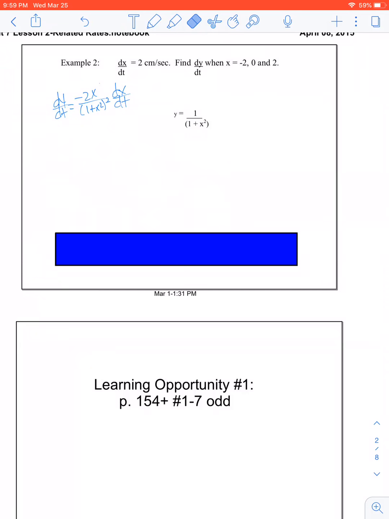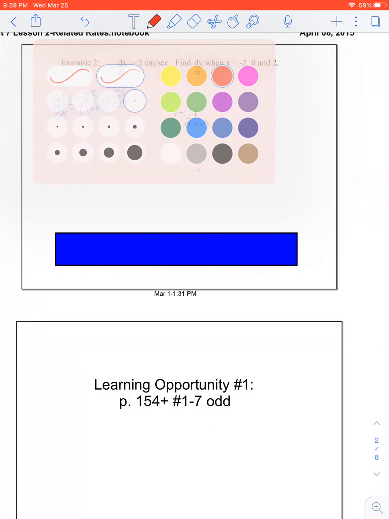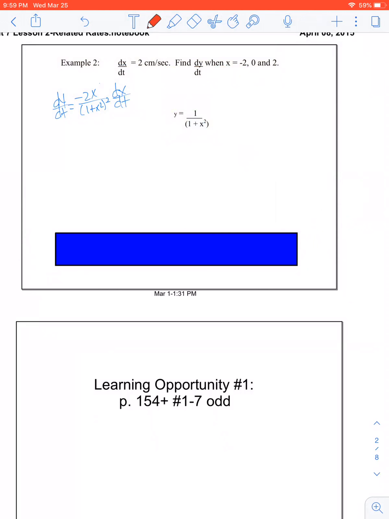So let's answer the question. The question wants us to find dy/dt. And the first case is when x is negative 2. So that means I'm going to have negative 2 times negative 2 all over 1 plus negative 2, the quantity squared, and then my dx/dt is 2.